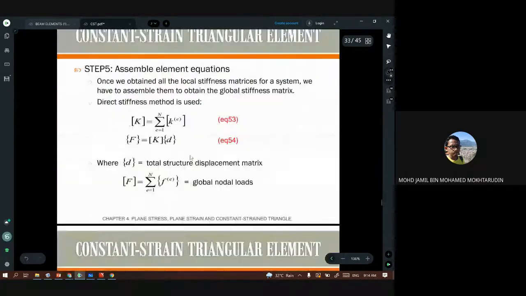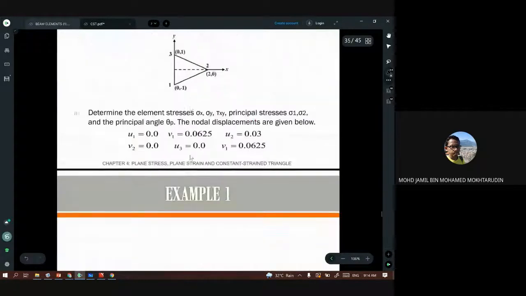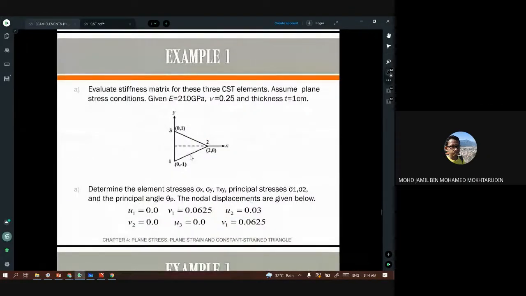Now let's look at an example of how we can apply all of this formula to calculate the constant strain triangle element. So question A, evaluate the stiffness matrix for this CST element.